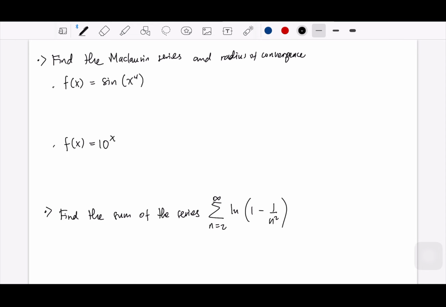I think for sine, no problem, right? You can just exchange the x before with the sum of the series of sine x for Maclaurin. The second one, 10 with power of x. No problem with it?